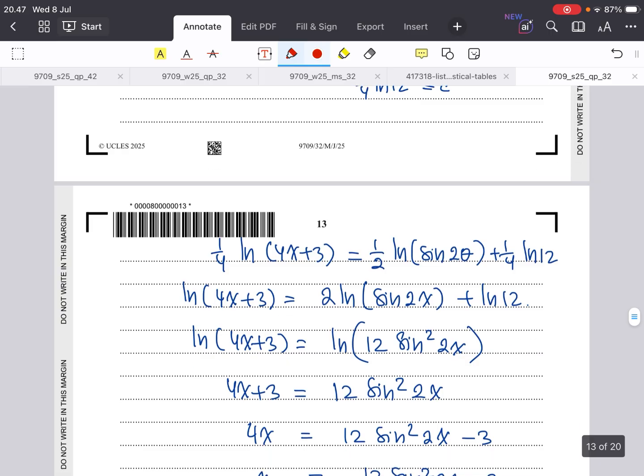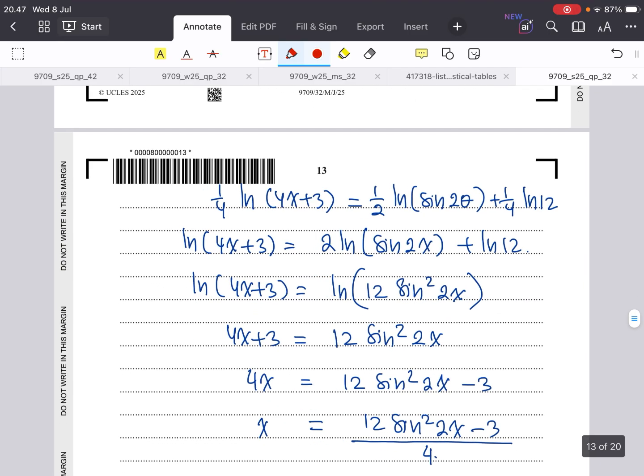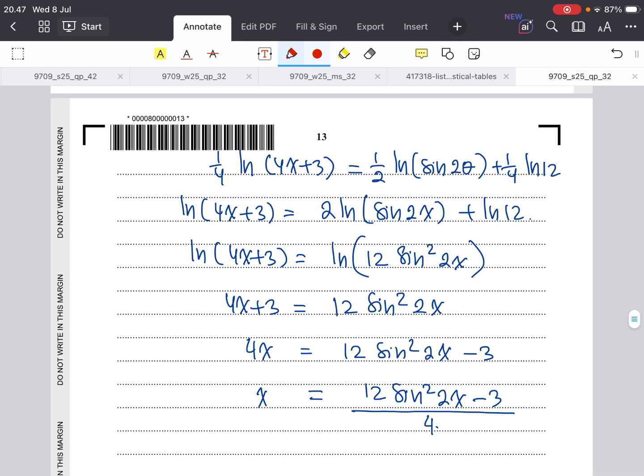So now the complete equation will be 1/4 ln 4x plus 3 is equal to 1/2 ln sine 2 theta plus c. This is the value of c. C is 1/4 ln 12. And then we multiply both sides here by 4 to make it simpler so that we don't have any fraction.